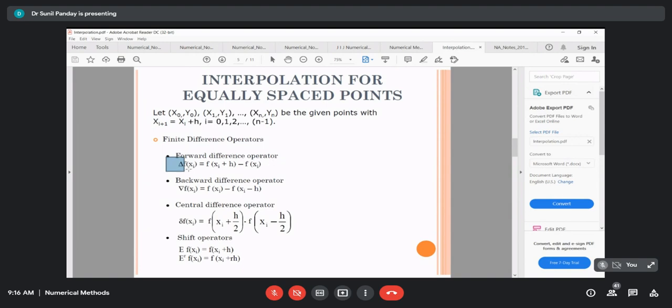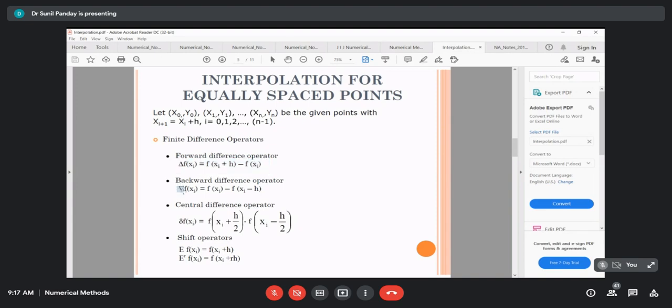The definition is this: if you have any function of x and you apply the operator delta, then delta of f of x equals f of x plus h minus f of x. So this is the definition of the forward difference operator.